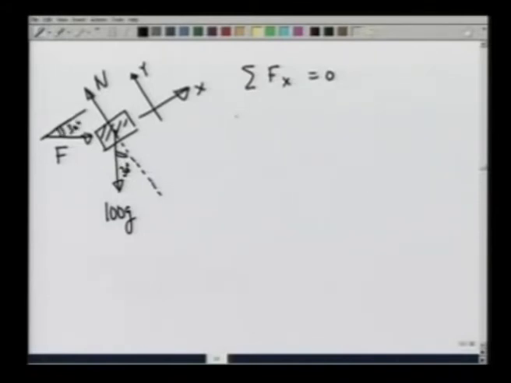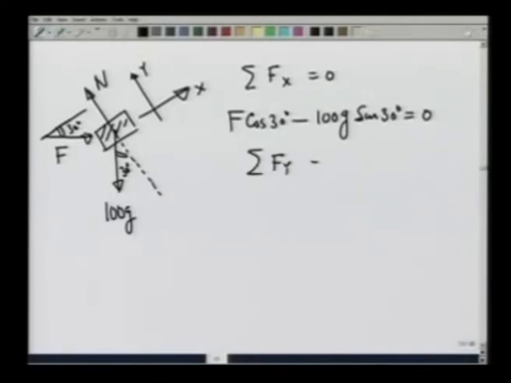Summation Fx is equal to 0 gives me, let me make the angles, this is 30 degrees and so is this. So it gives me F cosine of 30 degrees minus 100 g sine of 30 degrees is equal to 0. The balance in y direction gives me N is equal to F sine of 30 degrees plus 100 g cosine of 30 degrees.